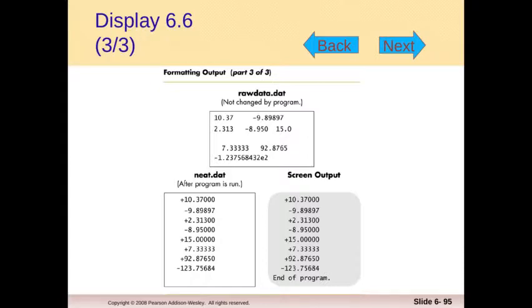We have blank lines in there. We have leading white space on that line. So it's all over the place. All that data is read by the program, and it's output like this into a file neat.dat, and this is the screen output that we will see.